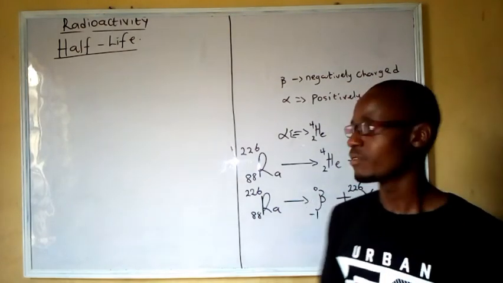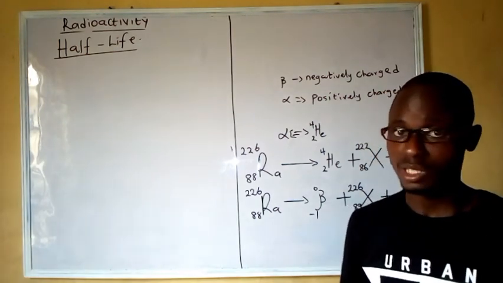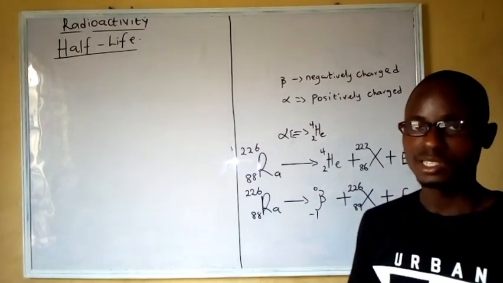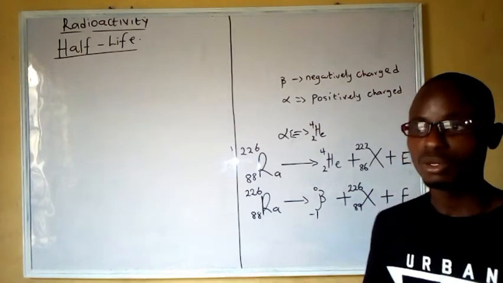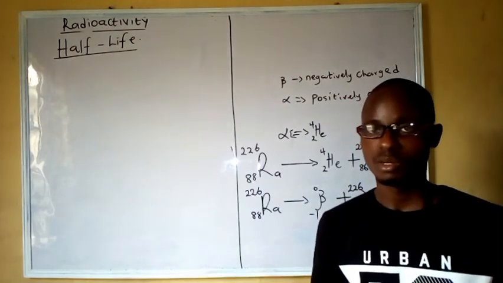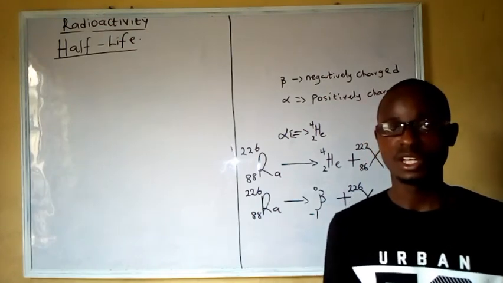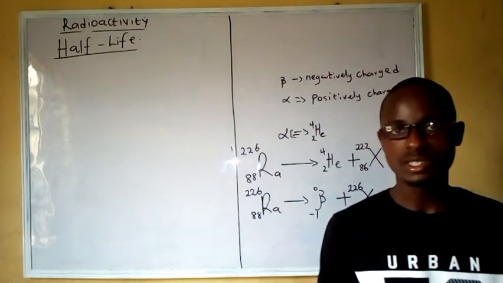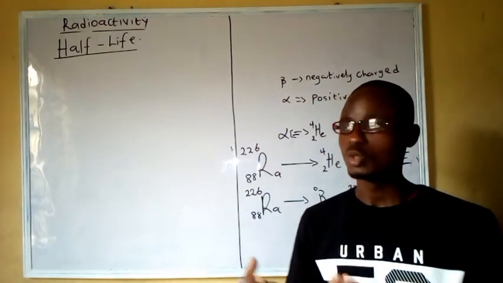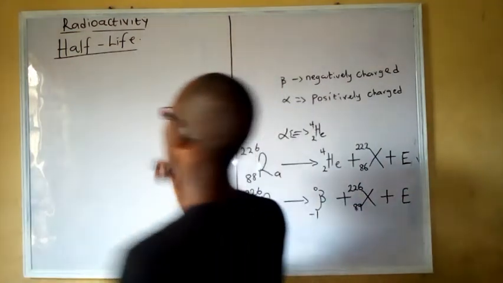For instance, I have an element containing about 600 atoms. These atoms radiate in a series of processes, but the time taken for half of the whole atoms present, which is 600, so half of it is going to be 300, to completely disintegrate is what we call the half-life of such an element.